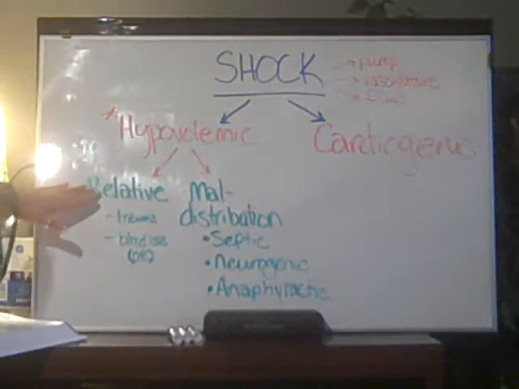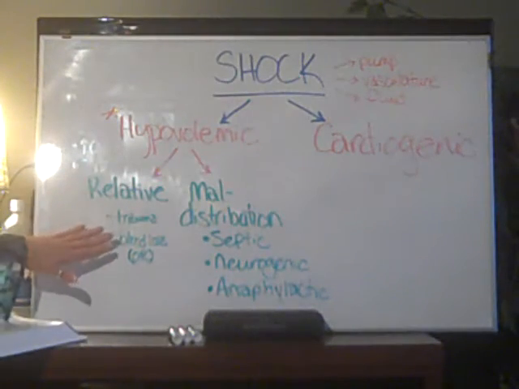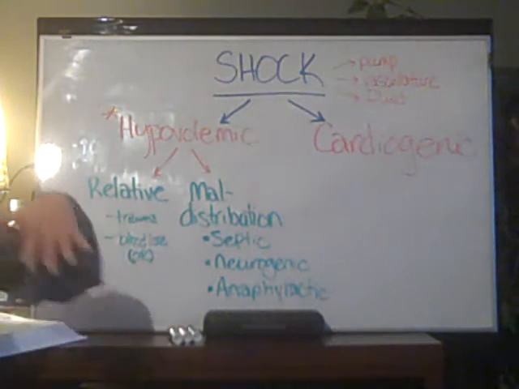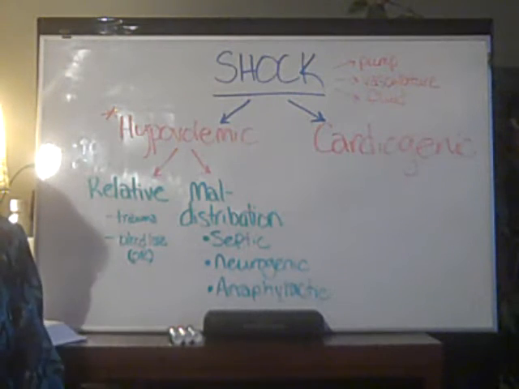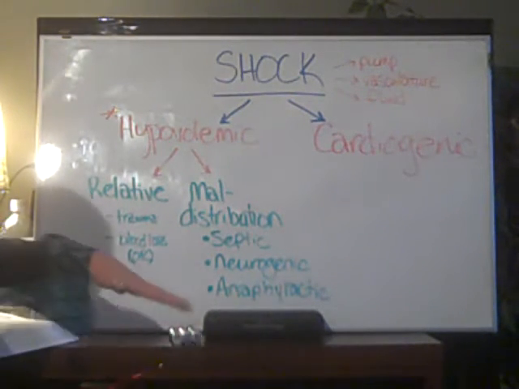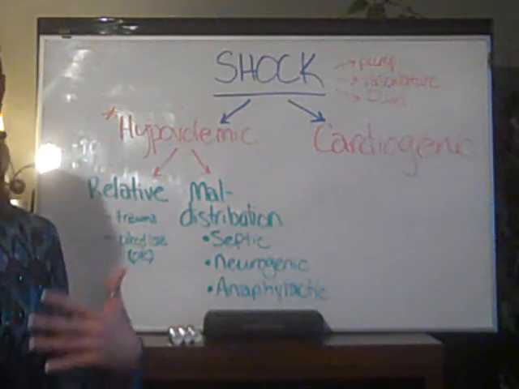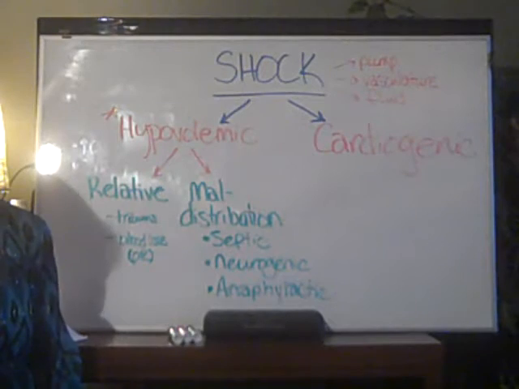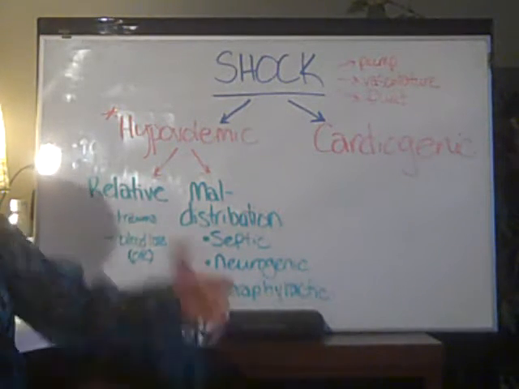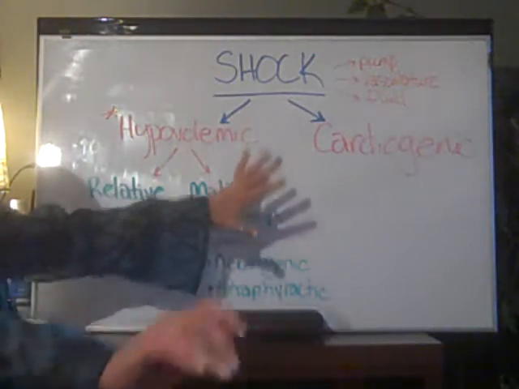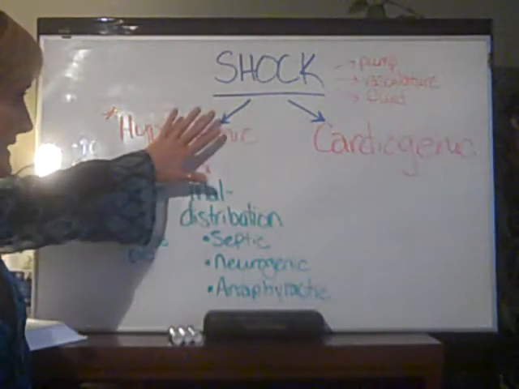You can have relative hypovolemia, and that is just fluid loss, and that can be from excessive vomiting and diarrhea. It can be from trauma, exsanguination. It can be in the operating room if a patient is losing a lot of blood in the operating room. If they've severed an artery, so anything like that is a relative hypovolemia. They're losing fluid.